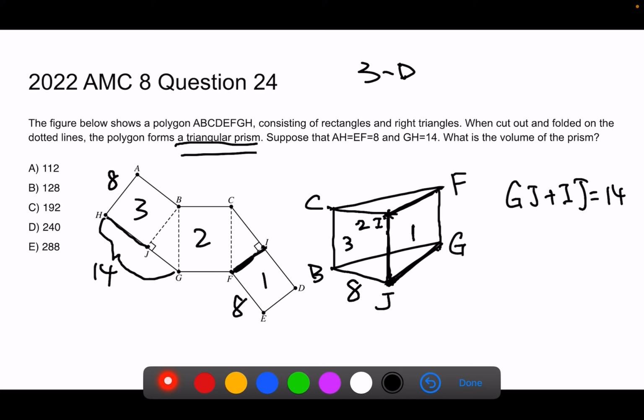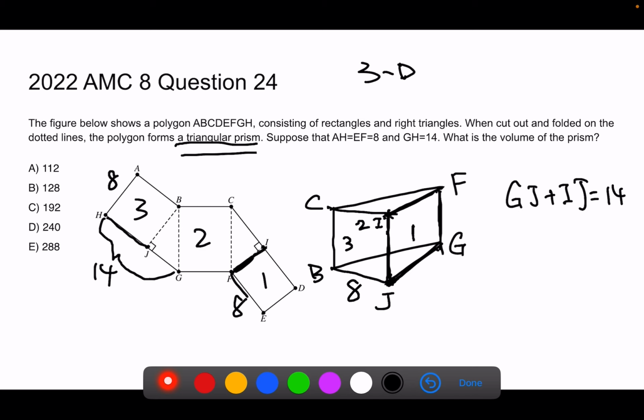We know EF is equal to 8. Where does EF go to? Well, EF is in our rectangle 1, and you can find EF is actually going to be this side, FG.